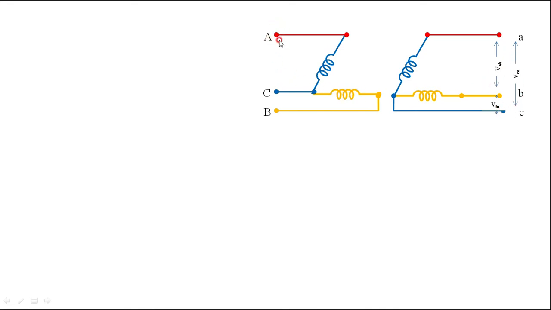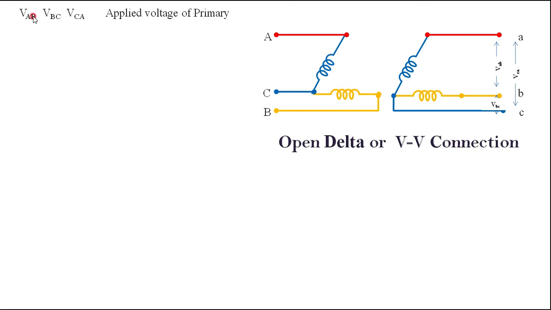Similarly, in the primary, capital VAB, VBC and VCA are the line voltages on the primary side. So we will look into the voltage relation here. Capital VAB, VBC, VCA are the line voltages of the primary side, whereas small vab, vbc, vca are the voltages on the secondary side.